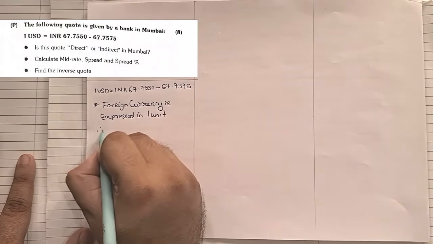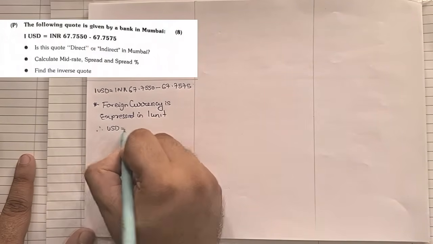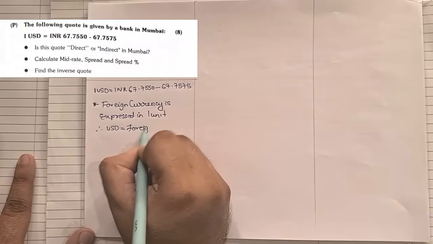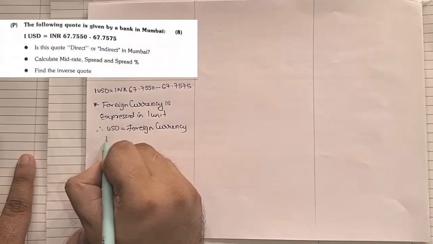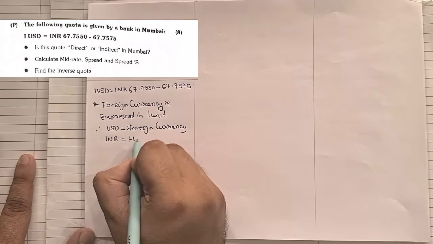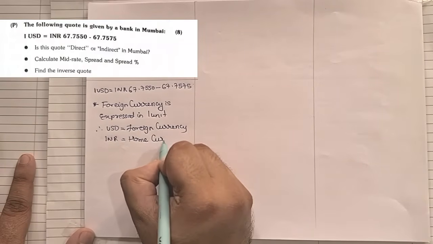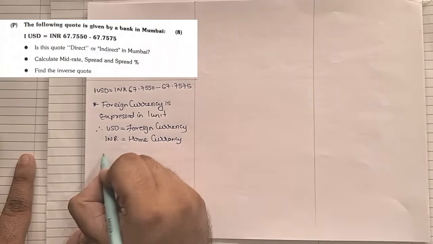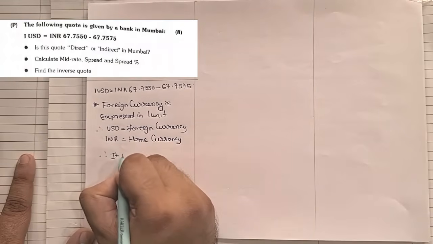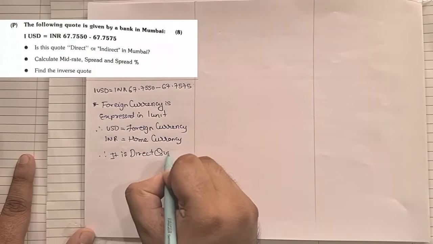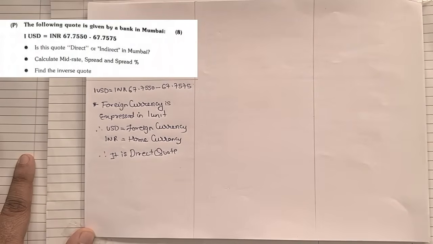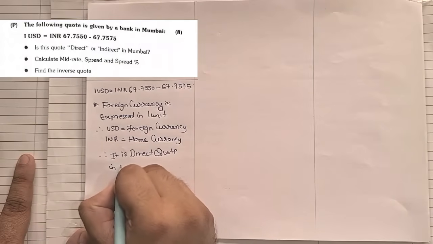So INR will become your home currency. And if INR is the home currency, therefore we can say that it is a direct quote. They ask whether it is a direct or an indirect quote in Mumbai. So it is a direct quote in Mumbai.